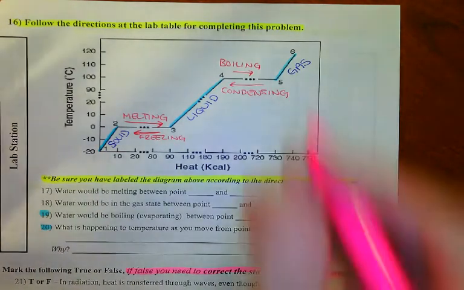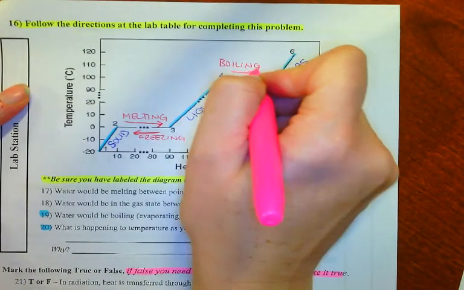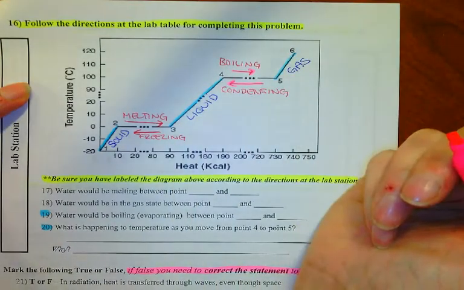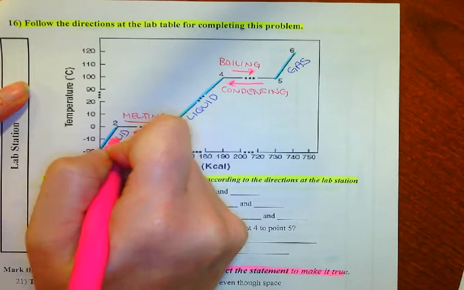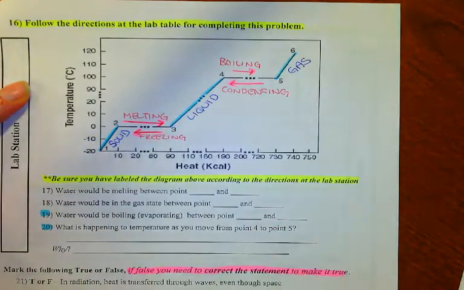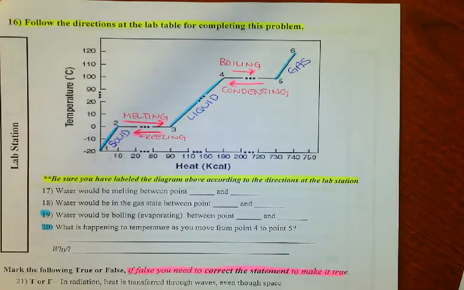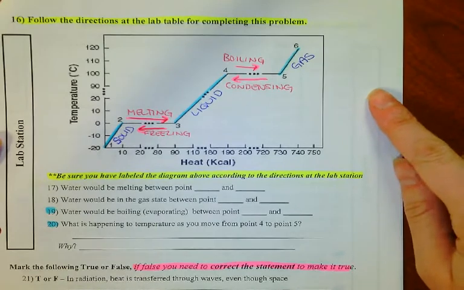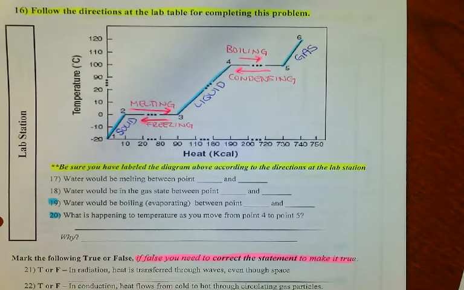And then, going from a liquid to a gas is boiling. Going from a gas to a liquid is condensing. Going from a solid here to a liquid is melting, and then back to freezing. Okay. You have to know how to label that on your own, so make sure you're making flashcards or something if you need to. But that's how you should have had 16 labels from your lab if you did it correctly. Looking at 19 and 20.